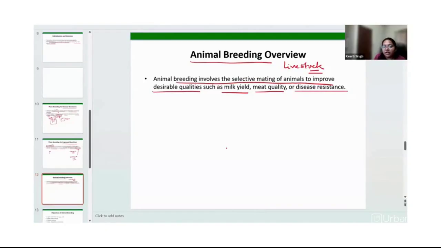For example, we have a cow. The cow is yielding, say, 5 liters of milk a day, right? But we actually want to double this number. We want 10 liters of milk a day, right? So what will we do?